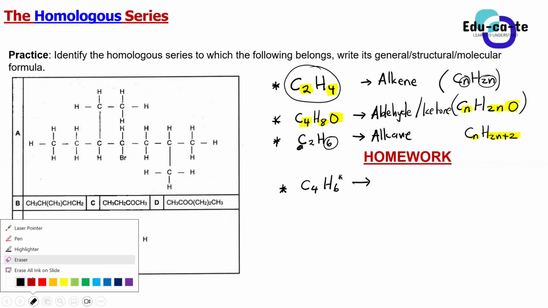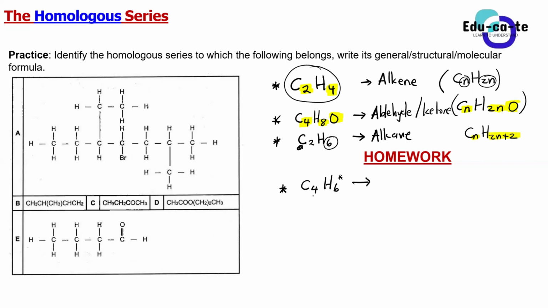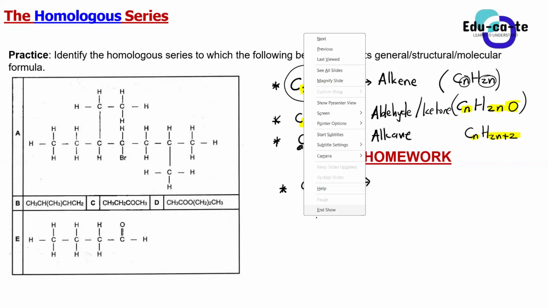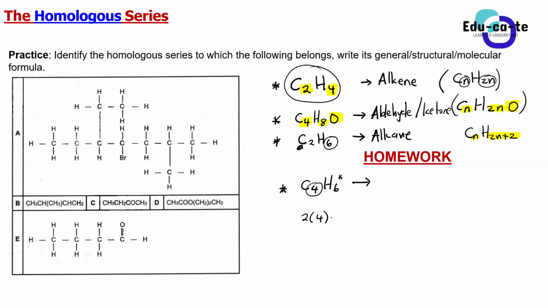Yes, it's an alkyne, because if this 4 is the number of carbon atoms, then 2 times 4 is 8, and 8 minus 2 gives 6. So to obtain 6, the number of hydrogen atoms, you multiplied the number of carbon atoms by 2, then subtracted 2. That is the general formula for alkynes.